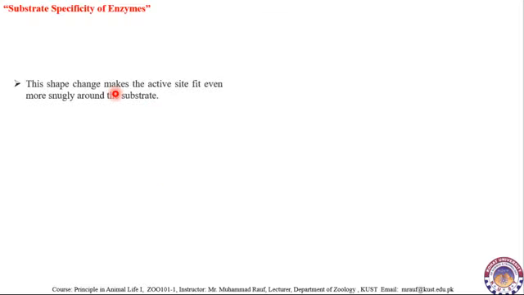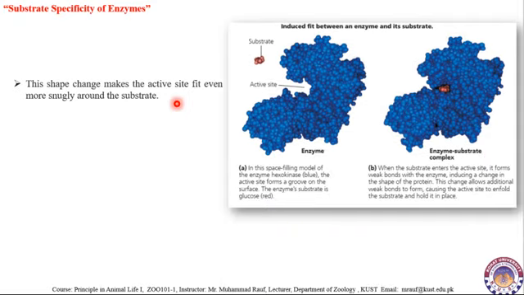This shape change makes the active site fit even more snugly around the substrate. So this interaction between the R groups of the amino acids in the active site and the atoms of the substrate even more strengthens the association between the substrate and the active site.